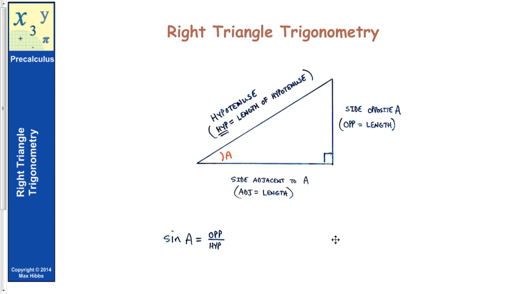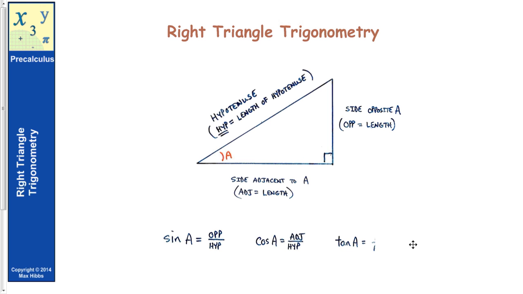And in a similar fashion, we define the cosine of the angle A in this right triangle as the ratio of the length of the side that is adjacent to the angle A divided by the hypotenuse of the right triangle.